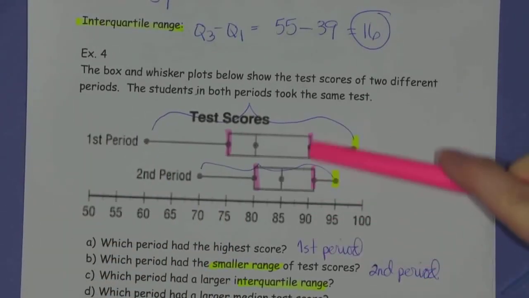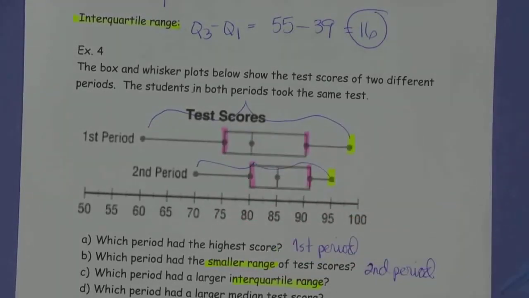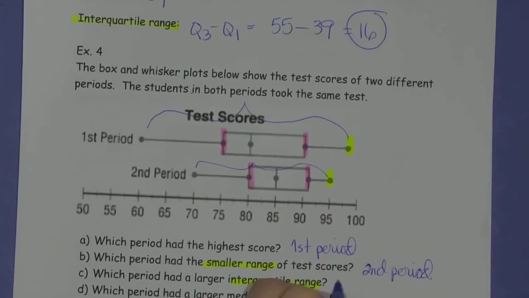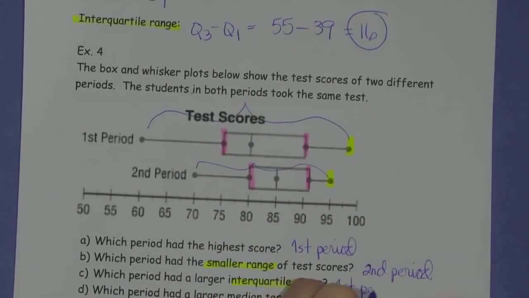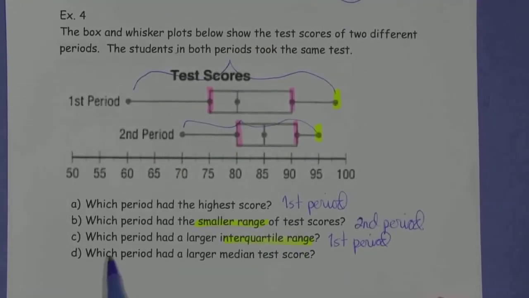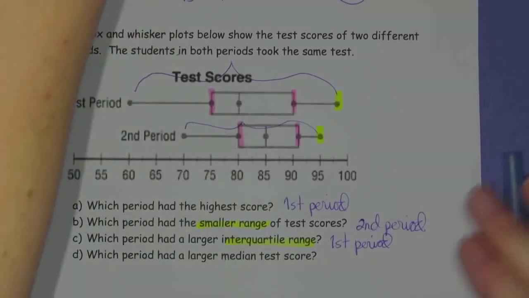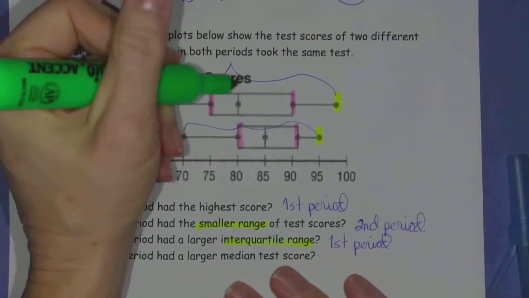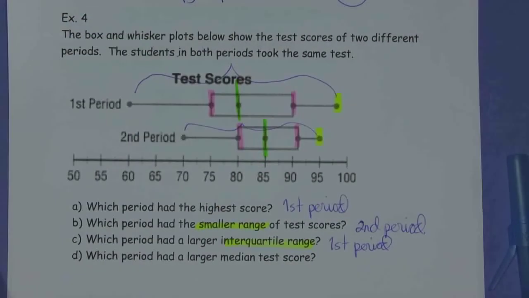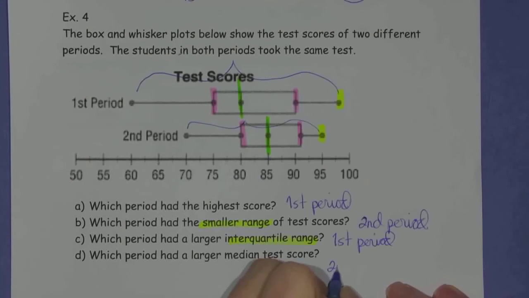So, yeah, because we're taking practically 90 minus 80 versus 75. So I definitely think first period has the larger interquartile range. First period. And last but not least, which period had a larger median? So now you're comparing the medians. And you can see second period had the larger median.